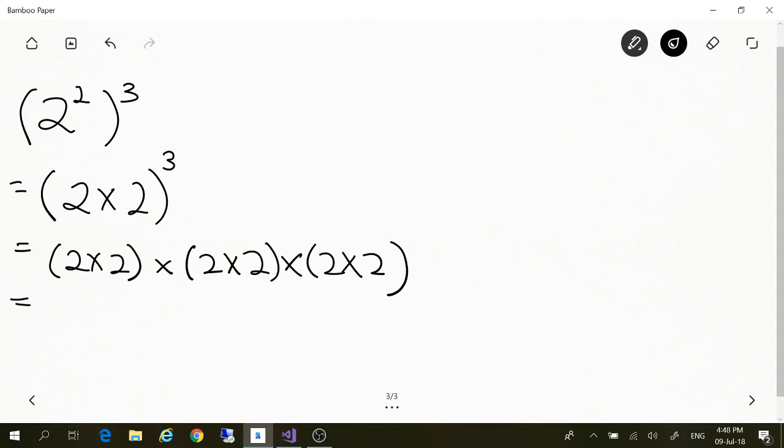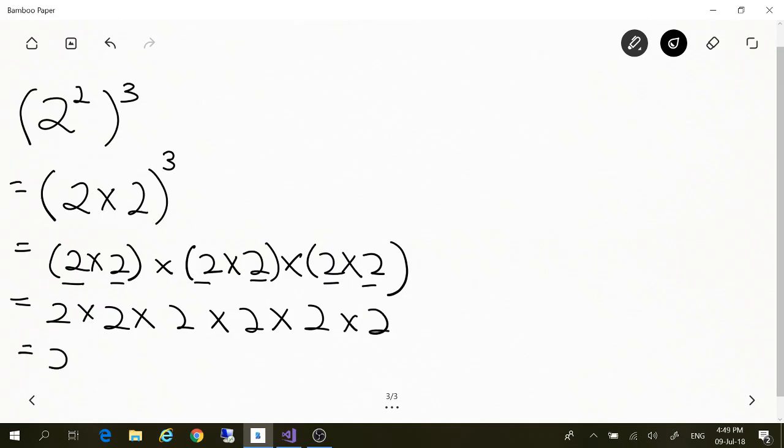So how many 2's are there? 1, 2, 3, 4, 5, 6. So this is equal to 2 to the power of 6.